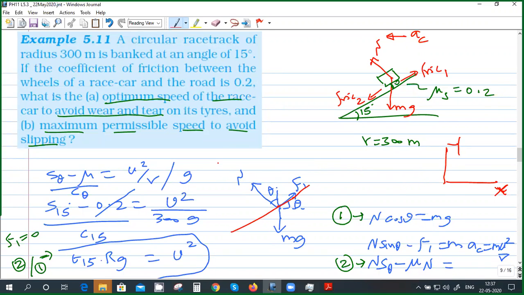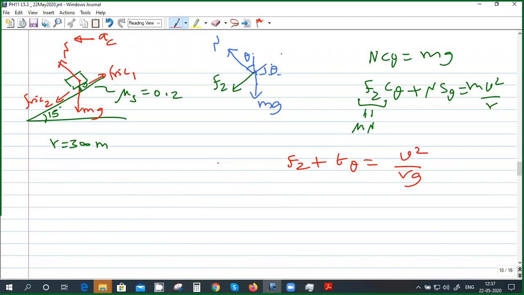Maximum permissible speed. Not F2. So it's the square root of Rg into (mu plus tan theta).